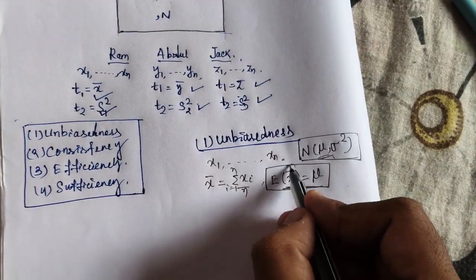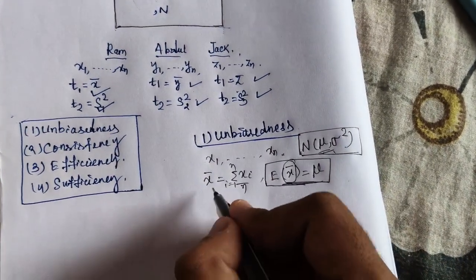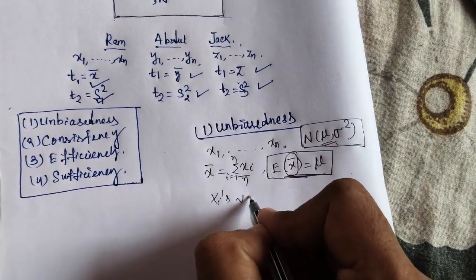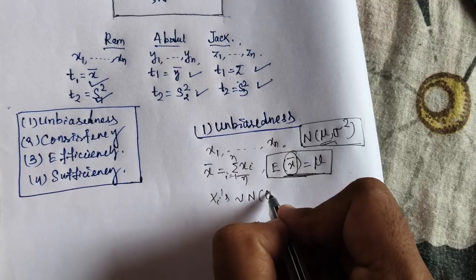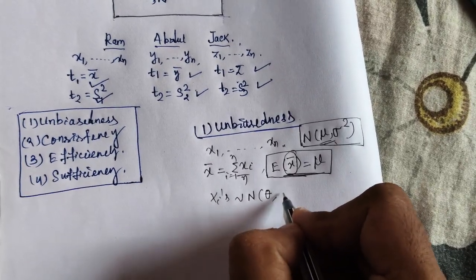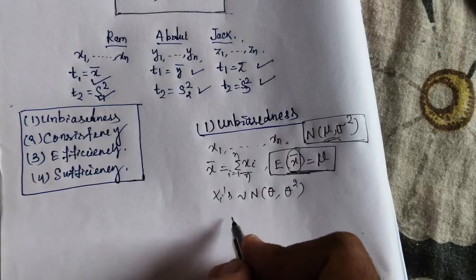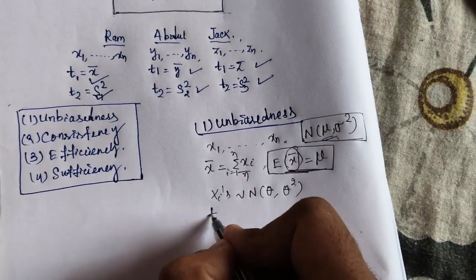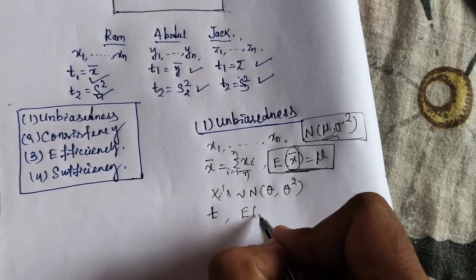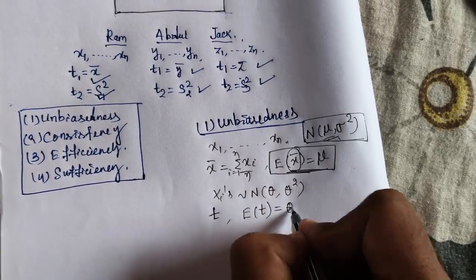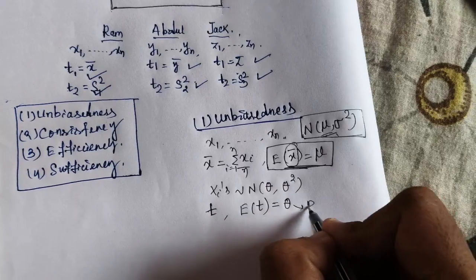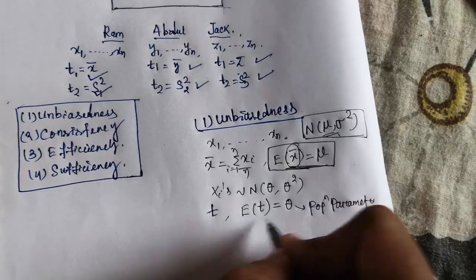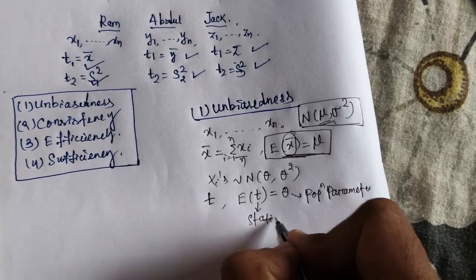So here I have taken x bar. For the generalized case, let our xi follow N(theta, sigma square). Let our sample estimator be t. In the generalized case, we can say expected value of t equal to theta. So theta can be any population parameter and t is the statistic.